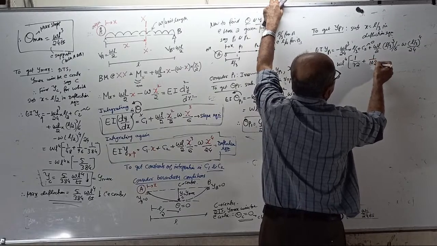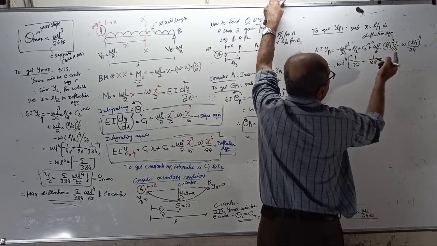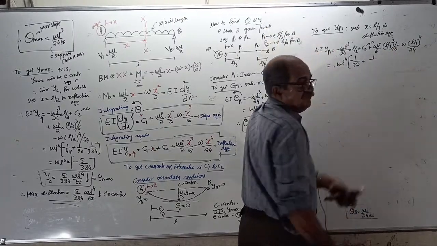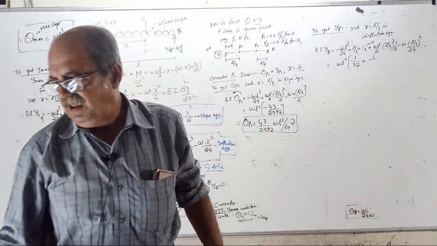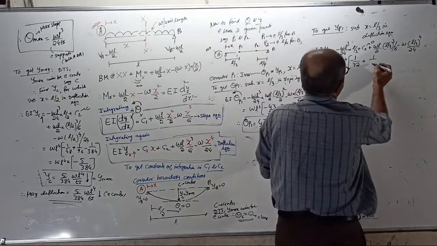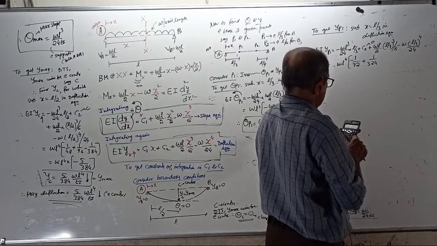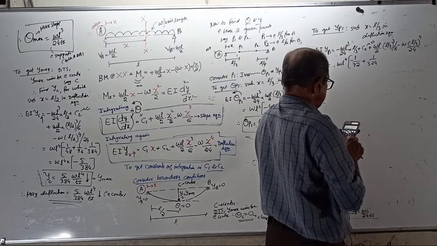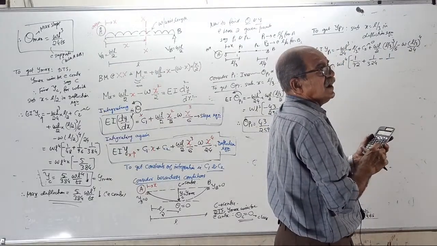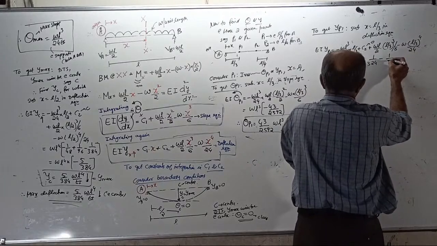It is minus 1 by 24 into 1 by 3, that is 1 by 72, plus 1 by 2 into 1 by 8 into 1 by 27 divided by 6, that is 54 into 6 is 324, so 1 by 324, minus 1 by 81, 3 power 4 is 81, divided by 24, giving 1 by 1944.